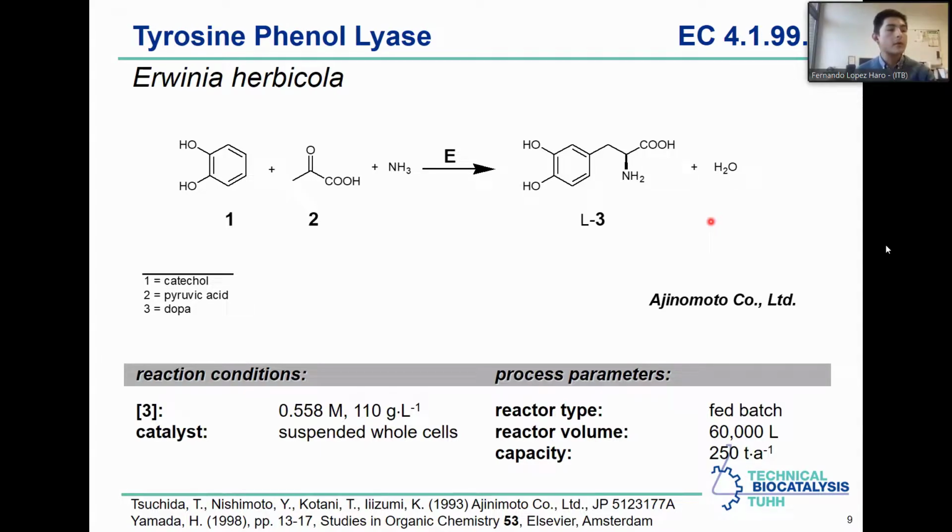So all of the product is only this chiral molecule. So it is really effective. You can see that the capacity of this process is 250 tons per year, which is rather large in terms of production.